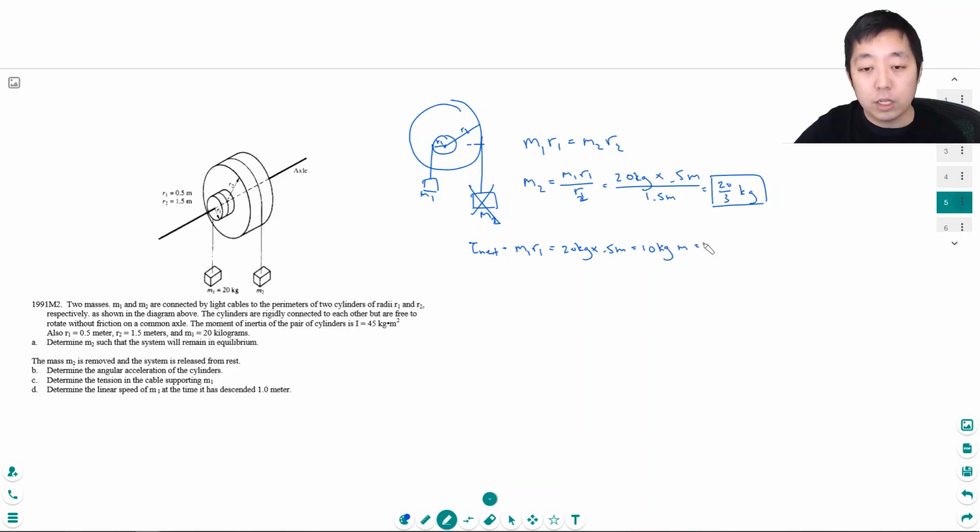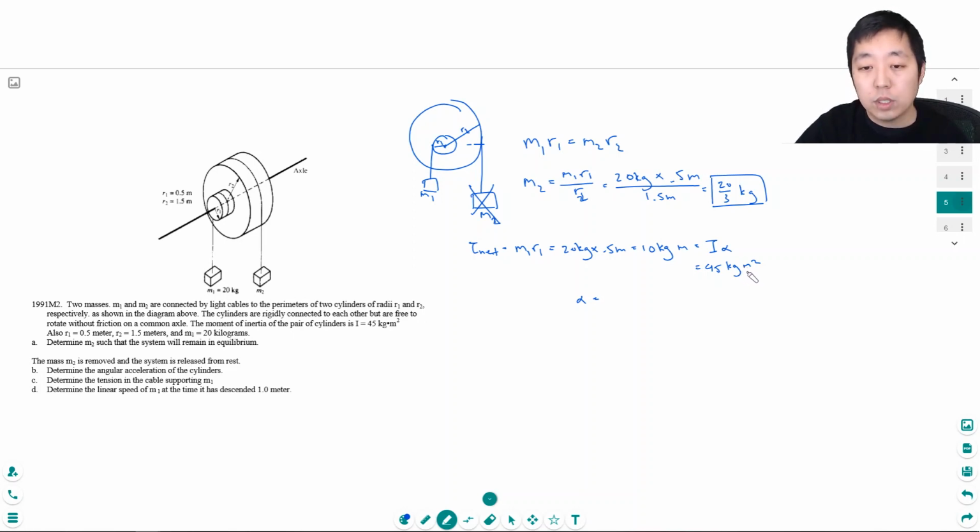Now that torque has to equal I alpha, and I is 45 kilogram meters squared. So when I do alpha, it's equal to... Sorry, I was just checking the units.